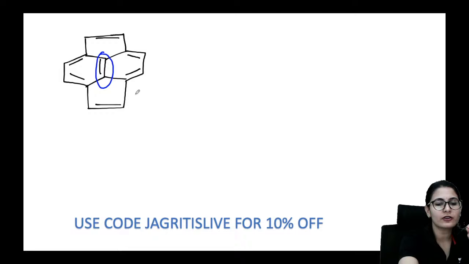Let's see. देखो peripheral में कितने double bonds है? 1, 2, 3, 4, 5 and 6. So there are 6 double bonds, 6 pi bonds. मतलब कि 12 pi electron. Okay. So 12 pi electron के अंदर system क्या बनता है?